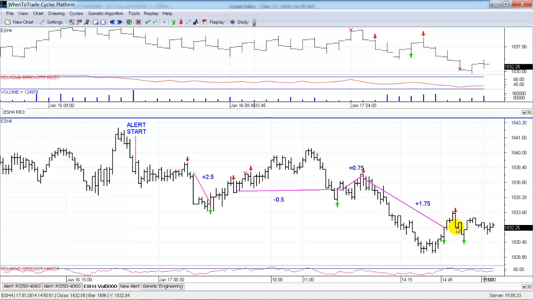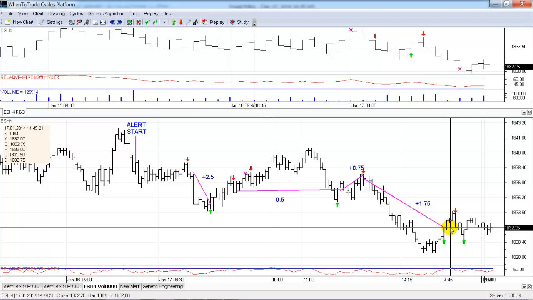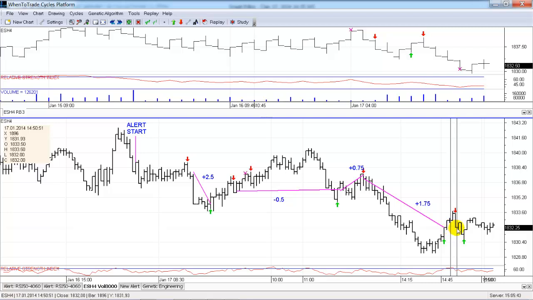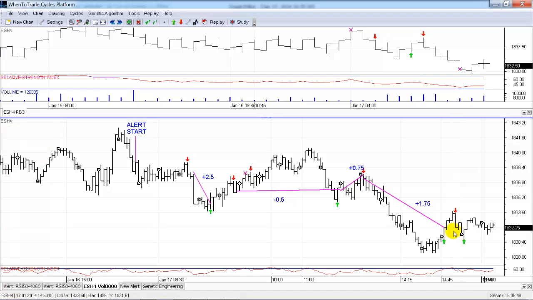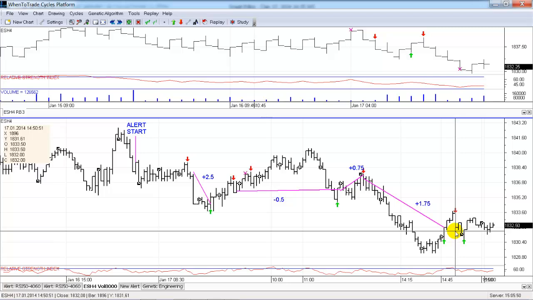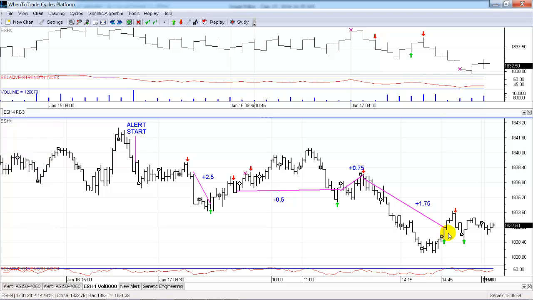So this was more or less an equal trade here, from 1836.75 to 1837. The close of this one here is the same. Yeah, this is an equal trade.